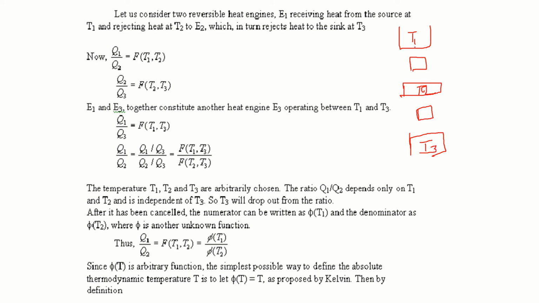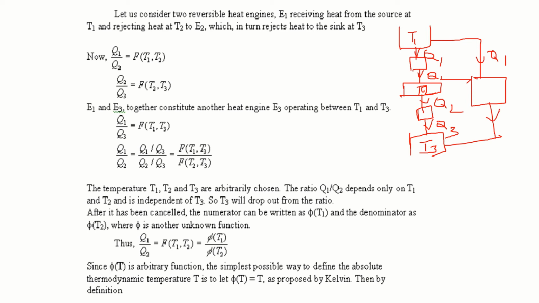This engine is working between the temperatures T1 and T2, that is Q1 and Q2. This engine is working between T2 and T3, that is Q2 and Q3. Suppose I have another engine working between T1 and T3. This is Q1, this is Q3.